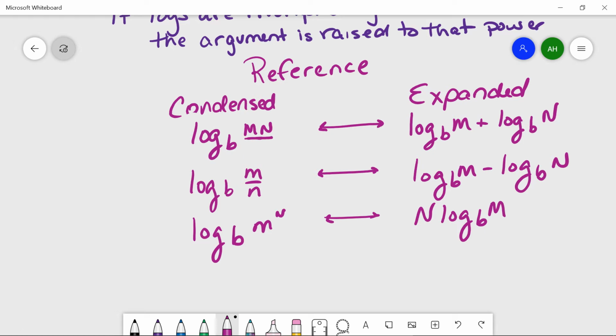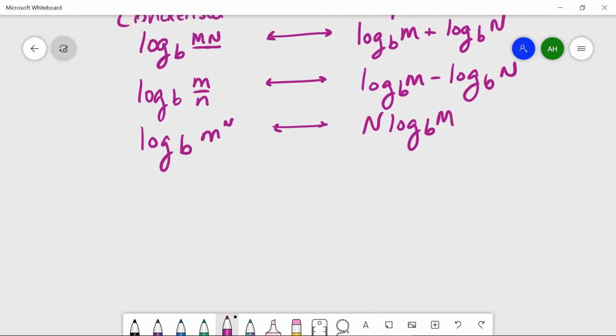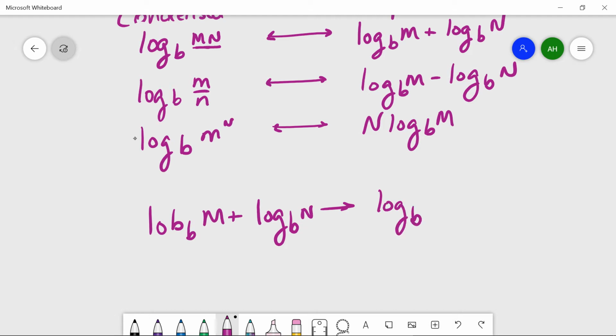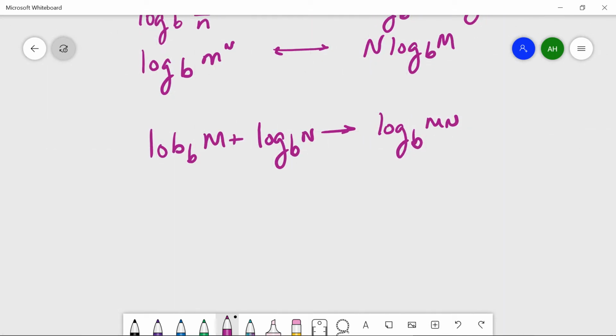So if I see log base b of m plus log base b of n, I know I can solve it by multiplying the arguments. I can solve this by log base b of mn.